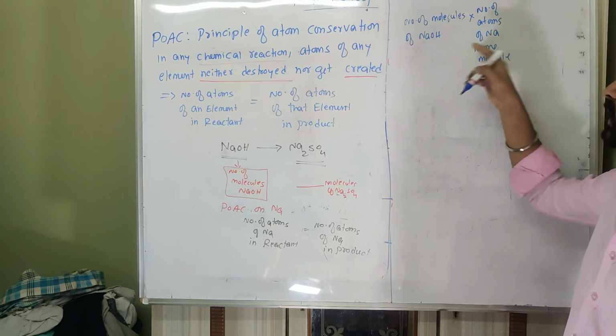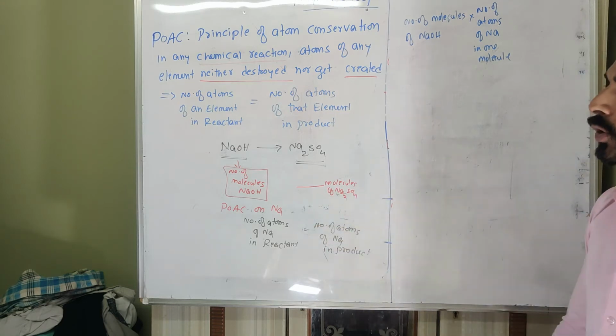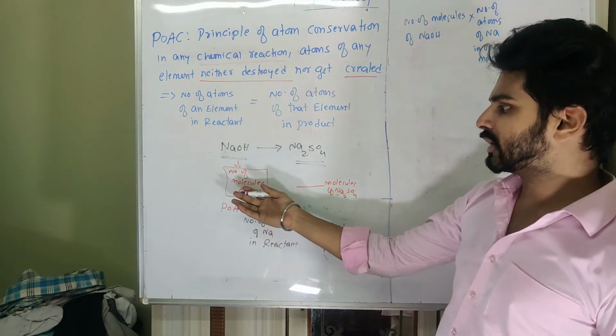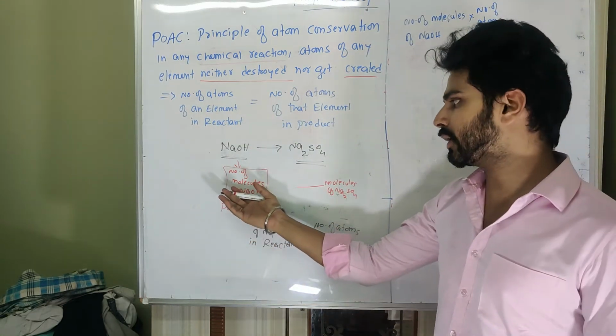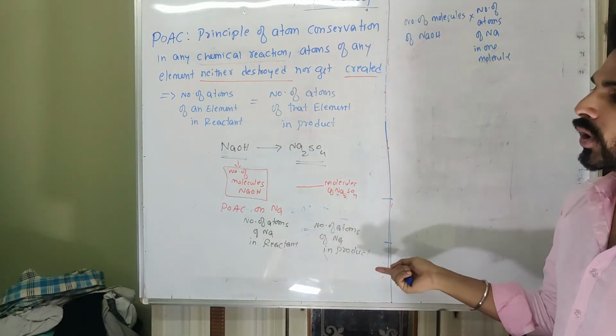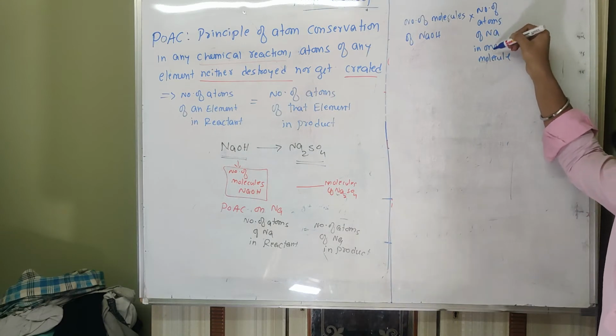If I do this, I get the number of sodium atoms in the reactant. We know that one molecule of NaOH contains 1 sodium. If the given data is, let us say, 1000 NaOH molecules, is there only one sodium? No. We have to multiply 1000 by 1, since the number of atoms of sodium in one molecule is 1.